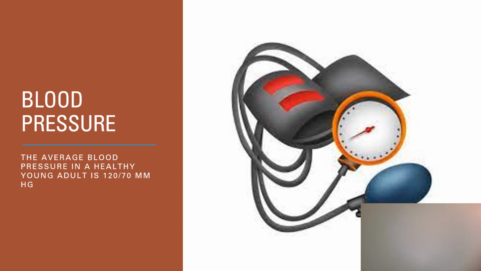It also increases the fragility of blood vessels. The average blood pressure in a healthy young adult is 120 over 70 millimeters of mercury, with 120 being the systolic pressure and 70 being the diastolic pressure.